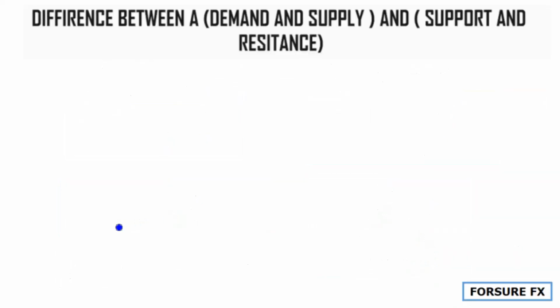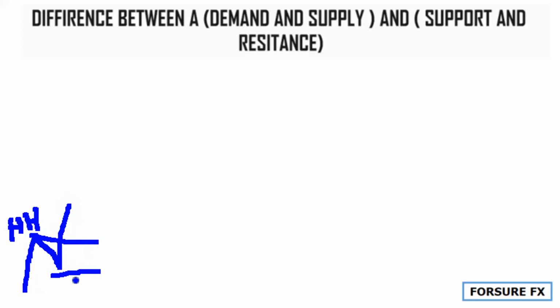Difference between the demand and supply, and support and resistance. For demand and supply, you're expecting price to go up, come down, creating a higher high, go up, break the higher high, here creating a higher low.